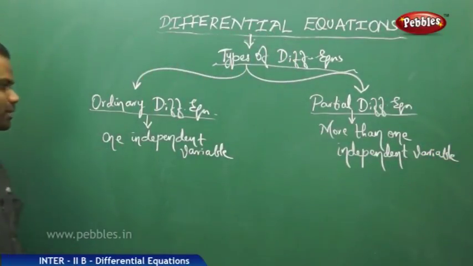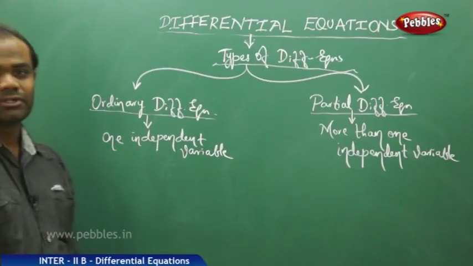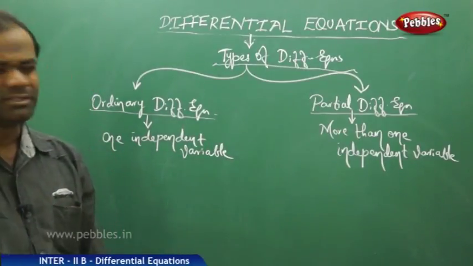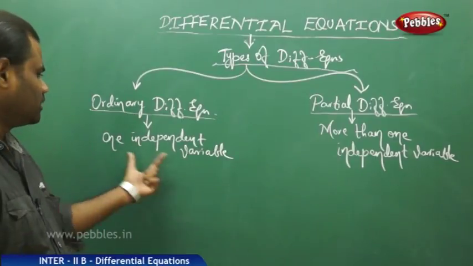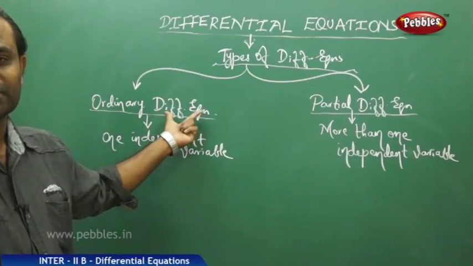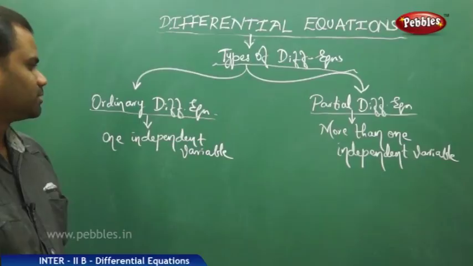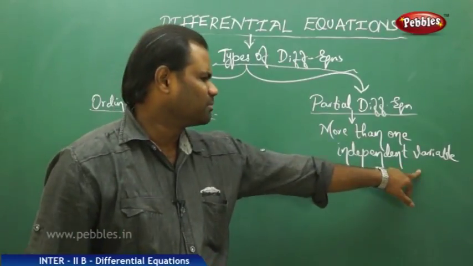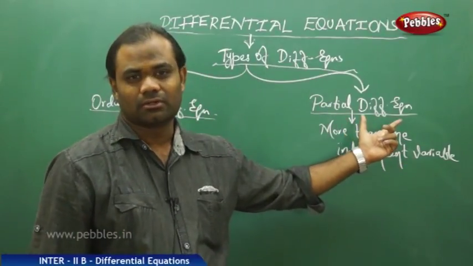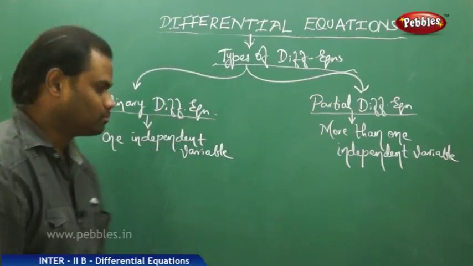This is how we differentiate between the ordinary differential equation and the partial differential equation. With one independent variable, the equation is called an ordinary differential equation, and with more than one independent variable, the differential equation is called a partial differential equation.